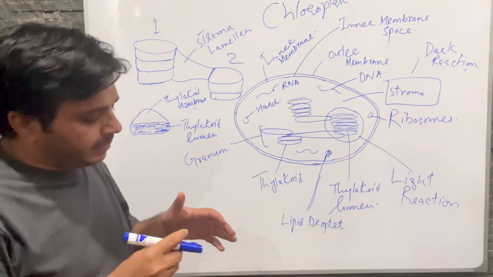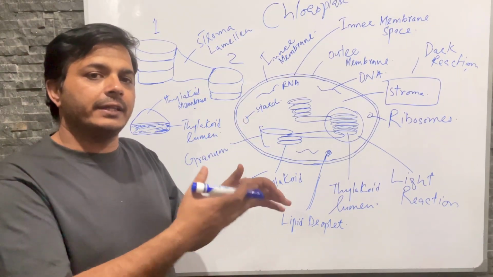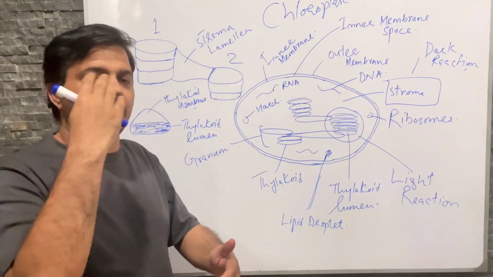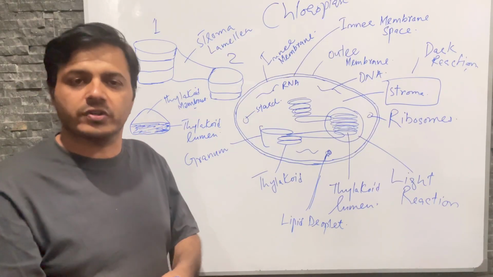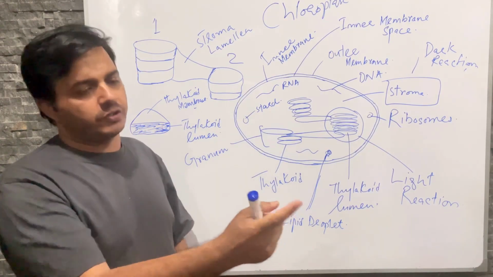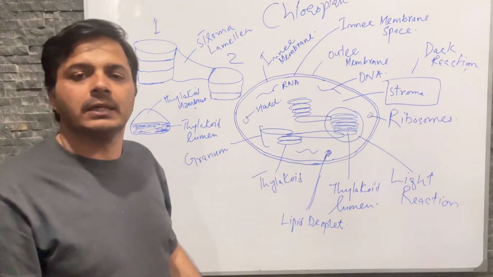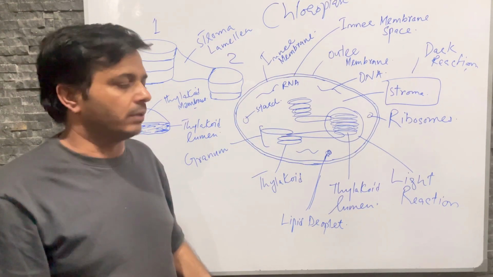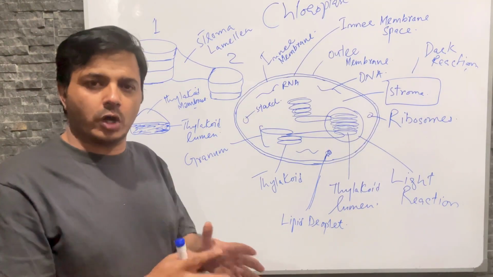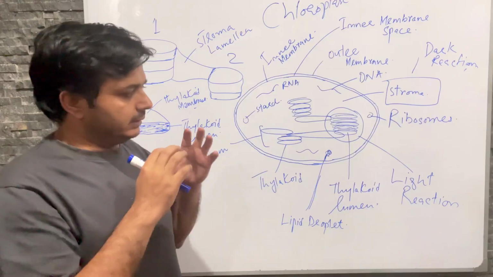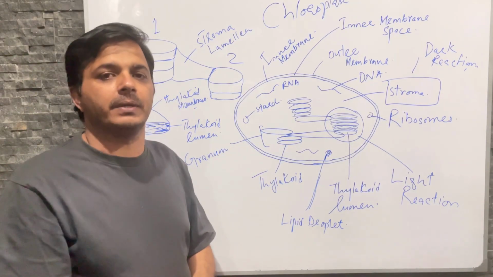There is accumulation of protons on one side of the membrane, and then through the pump the protons move across the membrane to generate a proton motive force which rotates the ATP pump, and this results in generation of ATP. So by the production of proton motive force, the light reaction results in the production of ATP.